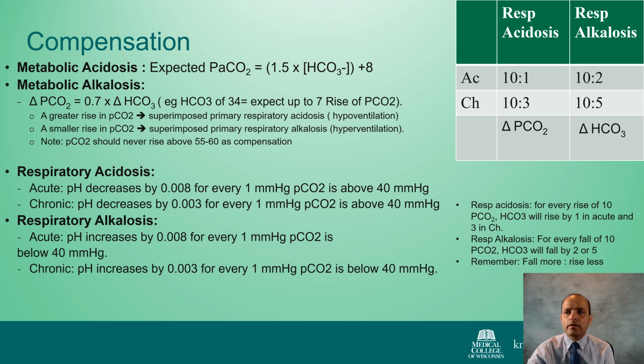If it is chronic, let's say COPDers, if they have a PCO2 of 50, it is supposed to go down by 0.03. You have to multiply by 10 because this is for 1. So that means pH is supposed to go down to 7.37.